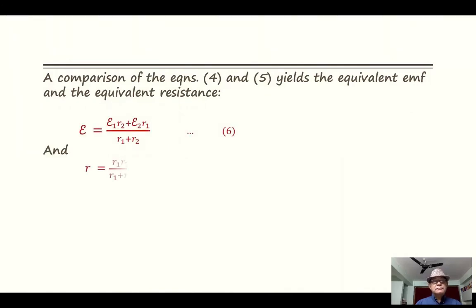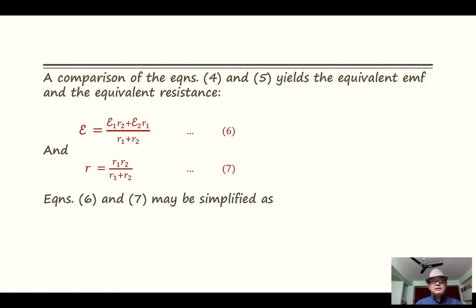Equation 6 gives the equivalent EMF E as E1 into R2 plus E2 into R1 divided by R1 plus R2, while equation 7 gives the internal resistance R as R1 into R2 divided by R1 plus R2.